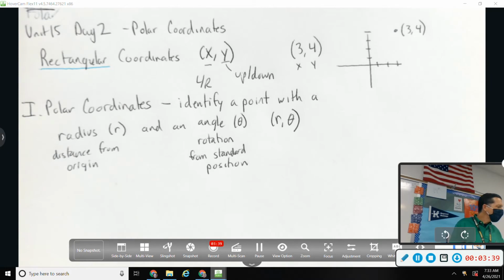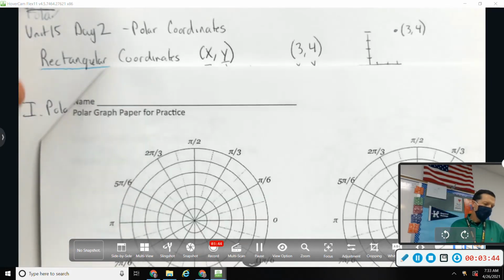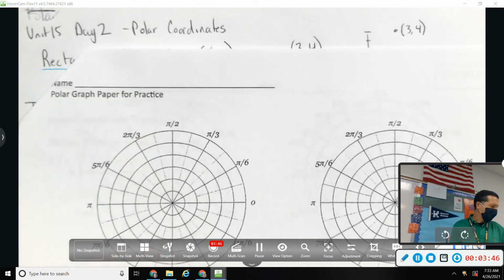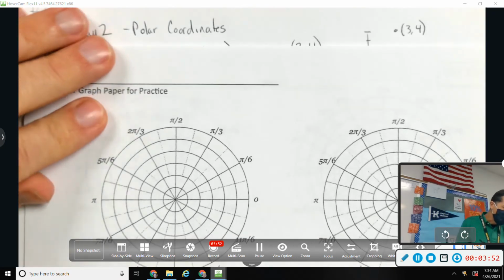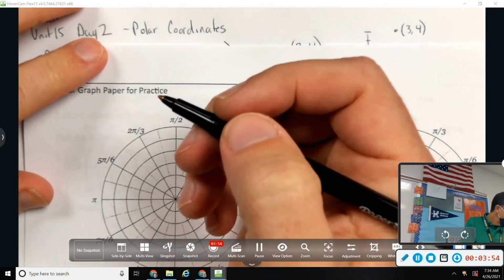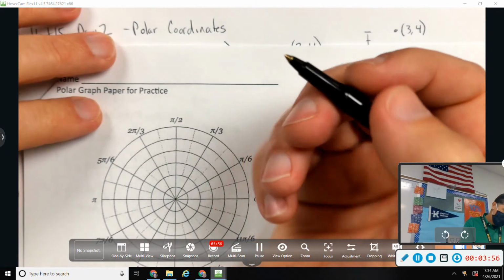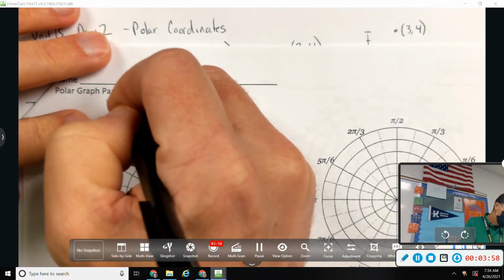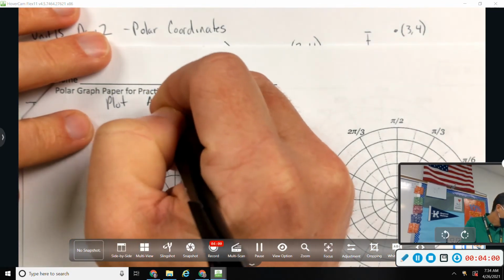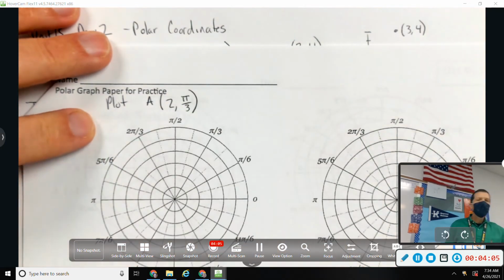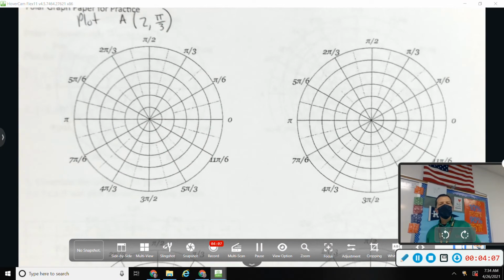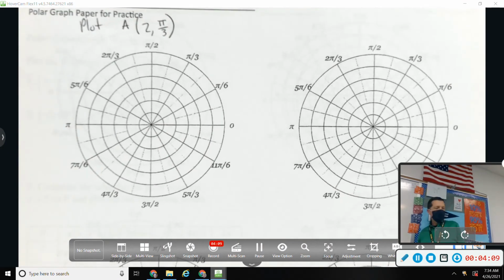All right, now we'll grab the packet, because we're going to use the second page, polar graph paper, for practice. I'm going to plot some points. Let's first plot point A, 2 comma pi over 3.